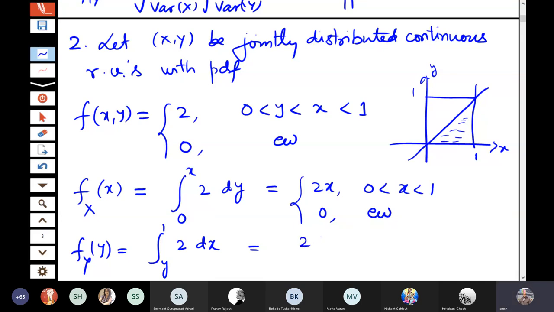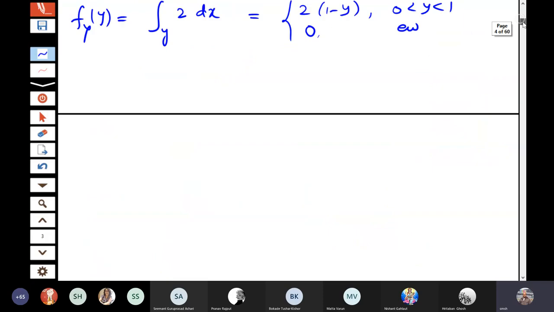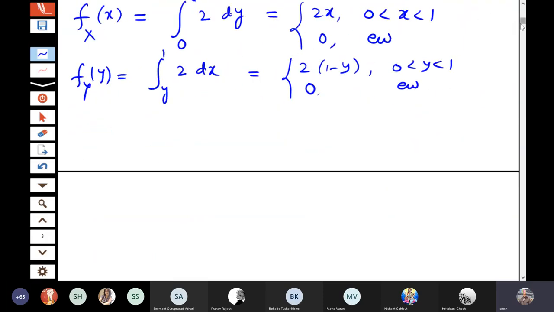So it gives me 2 into 1 minus y for 0 less than y less than 1. It is 0 elsewhere. So we are able to obtain the marginal distribution of x and y. So you can calculate the expectation of x, expectation of x square, variance of x, expectation of y, expectation of y square, and variance of y, etc.